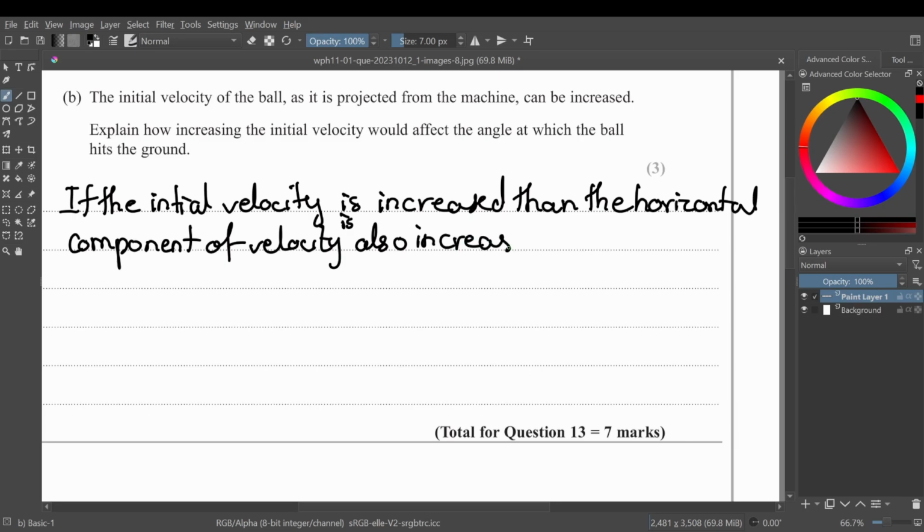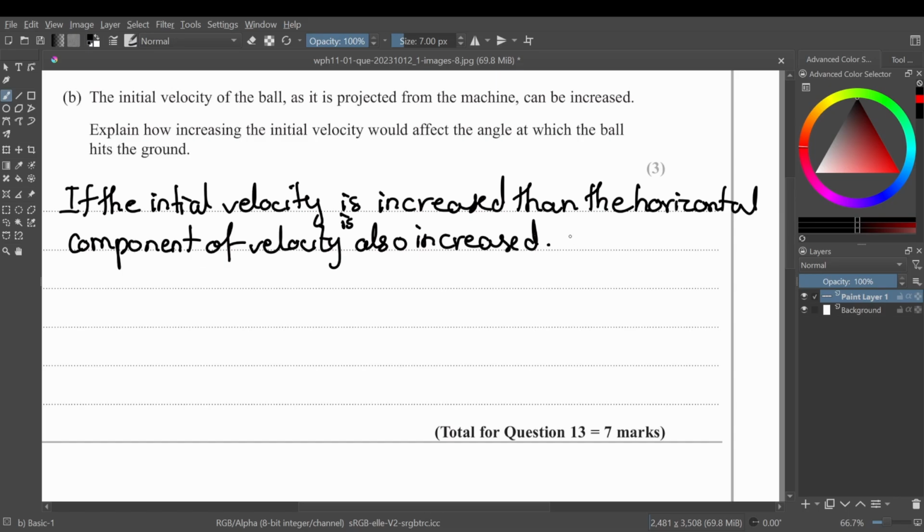If the initial velocity is increased, then the horizontal component of the velocity is also increased. Okay, so now the second line will be you describing the vertical component, how the vertical component is not actually being affected.